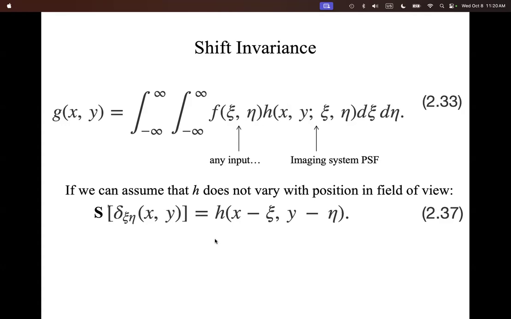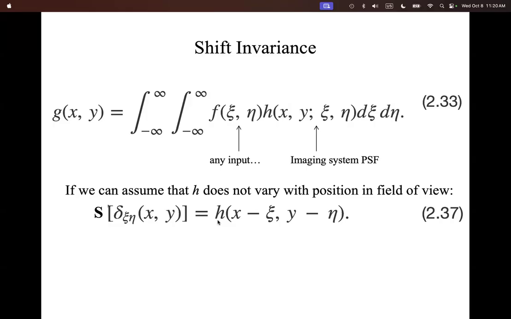If we can make the assumption that this function, h of x, does not vary with x and y, i.e., it's basically a constant shape everywhere in the imaging plane, then we can write down the impulse response function and just shift that response over the whole field of view without changing the function itself.